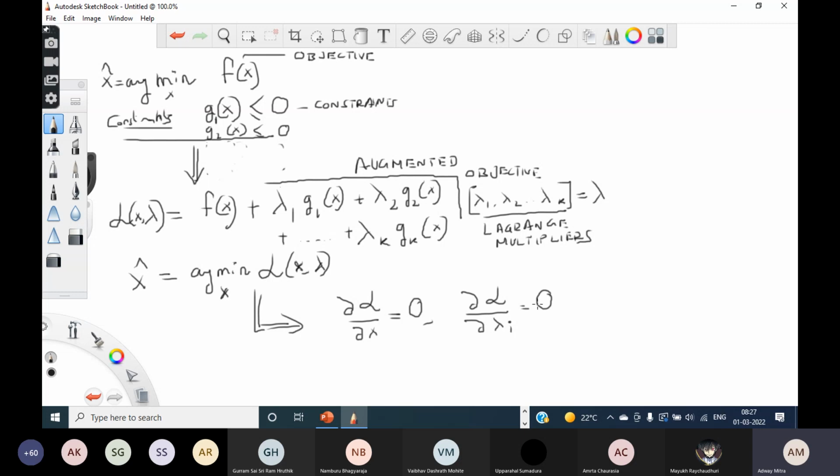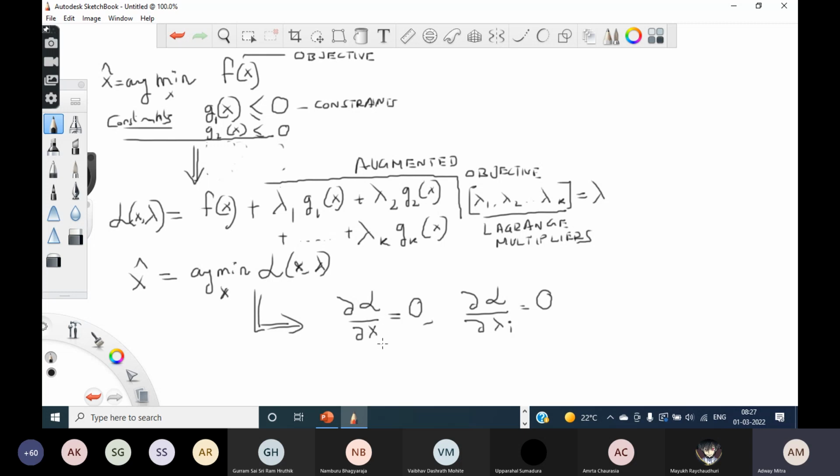So basically we will get a total of k plus 1 equations like this, and we have k plus 1 variables also. That is, one is x and the other k are all the lambdas. This x in general can be a vector, but that's not a problem.